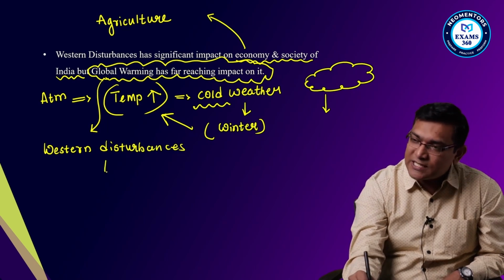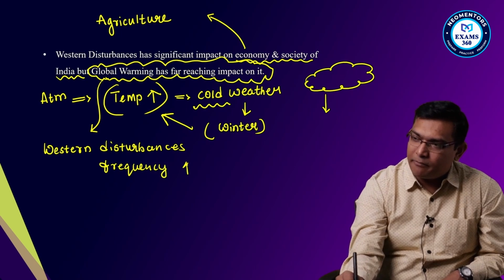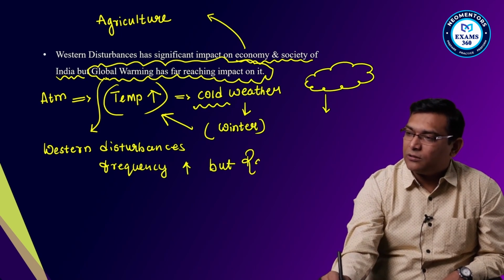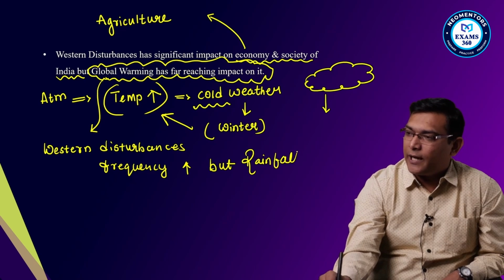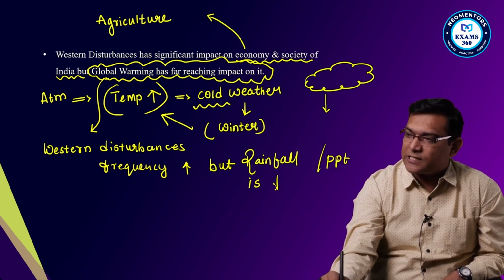disturbances' frequency is increasing, but the rainfall or amount of precipitation is decreasing.